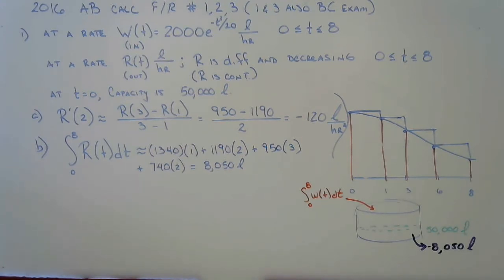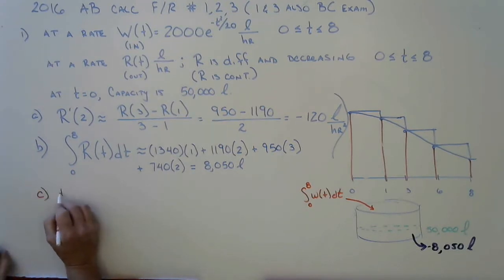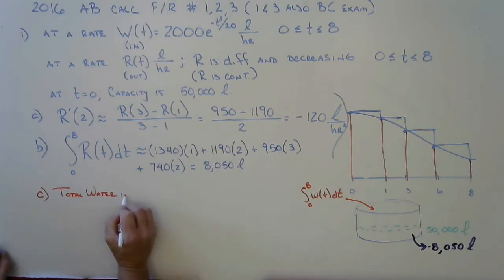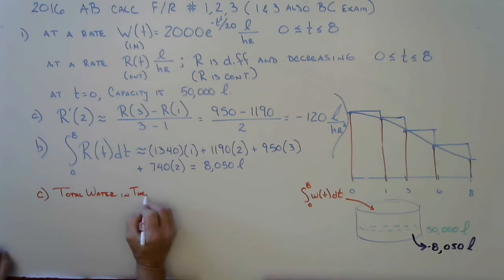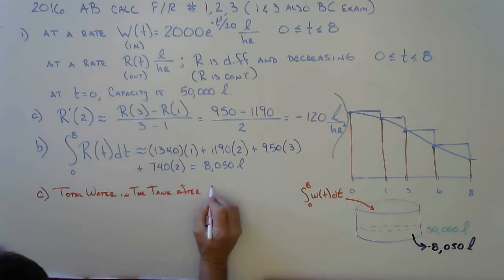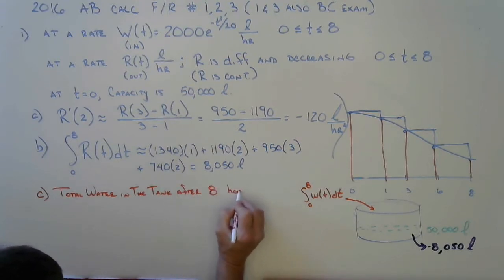So what do we know for part C? We know for part C, we'll just switch to red here. We know the total water in the tank after 8 hours. That's what they asked us to find.